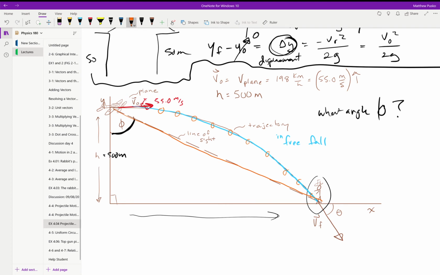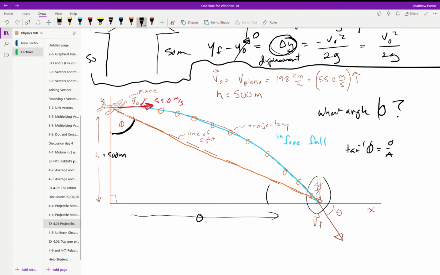Okay, so what angle phi? How can we figure that out? First of all, what is this angle? Well, we use tangent inverse of an angle as the opposite over the adjacent, but we're usually given this angle down here.